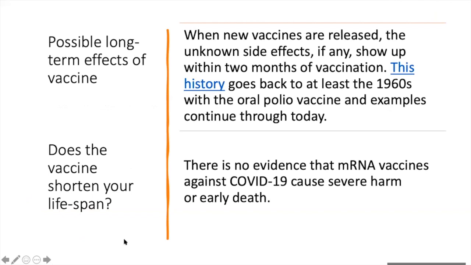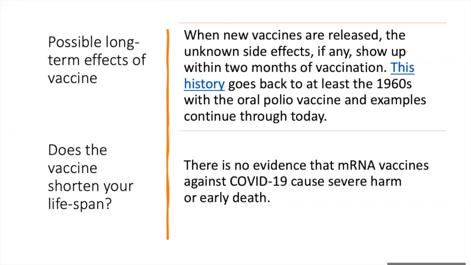All right, so what are the possible long-term effects of the vaccine? This was a difficult question to answer because obviously I can't tell you what will happen in 5 years or 10 years because it hasn't happened yet. But what we can look at is the history of previous vaccines.